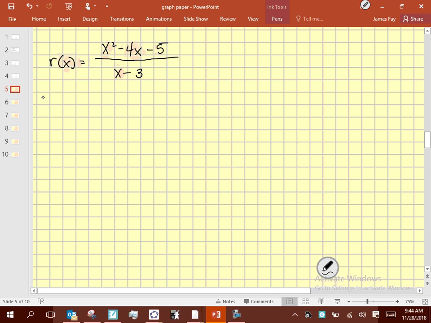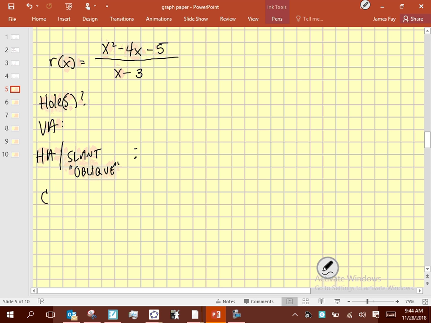So when I go through and ask whether we have holes, what our vertical asymptotes are, horizontal, slant, sometimes, like I said, called oblique asymptote. That's what this comparison of leading terms is going to change for our problems.